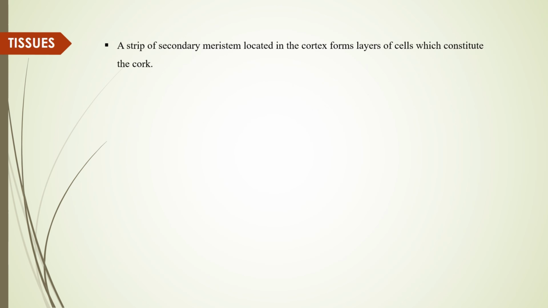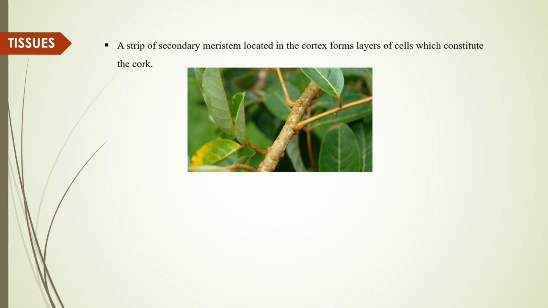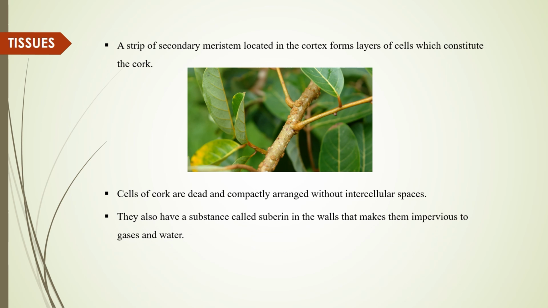A strip of secondary meristem located in the cortex forms layers of cells which constitute the cork. Cells of cork are dead and compactly arranged without intercellular spaces. They also have a substance called suberin in the walls that makes them impervious to gases and water.